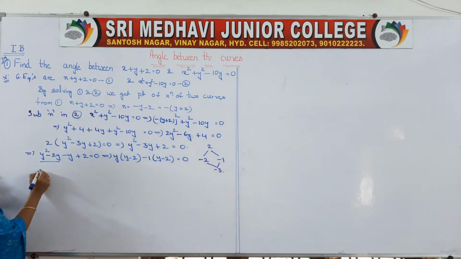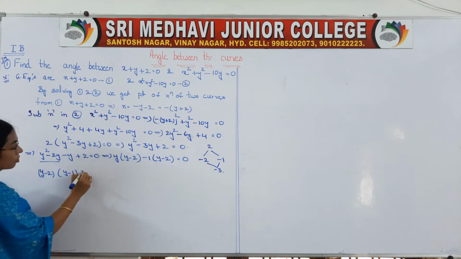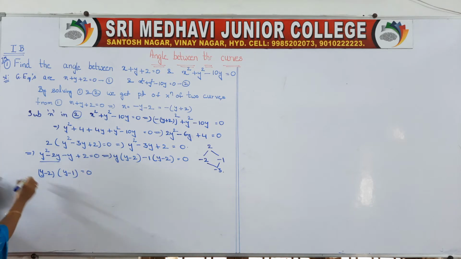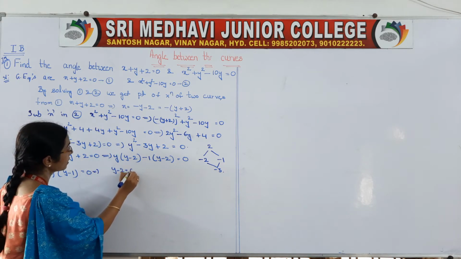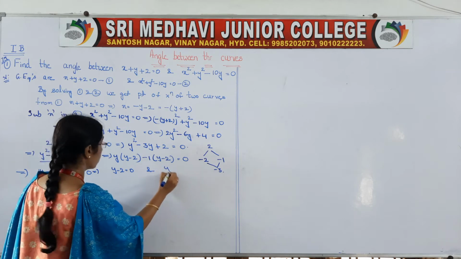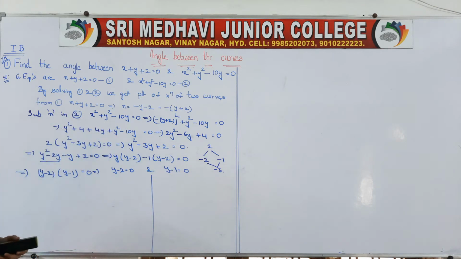We can take y minus 2 as common, then we will have y minus 1 leftover, which is equal to 0. Okay, so we got two values now. What is that? It implies y minus 2 is equal to 0 and y minus 1 is equal to 0. Okay, so now what is our x?